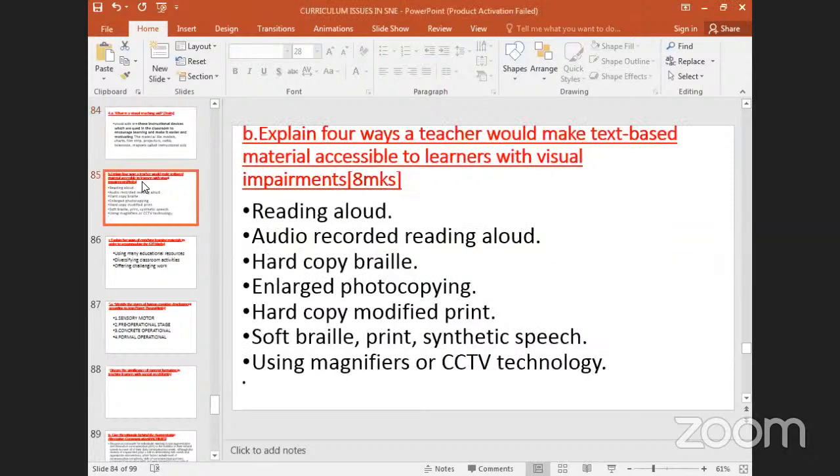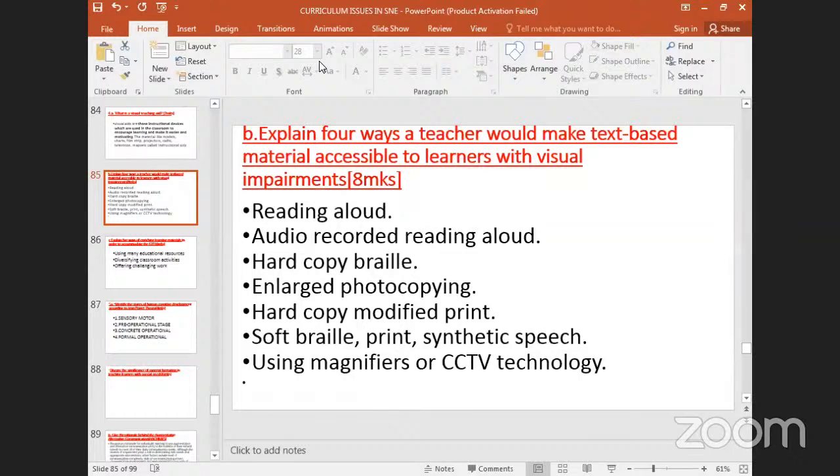We have also looked at ways that a teacher will make text-based materials accessible to learners with visual impairments. They can be accessible by being read aloud. So who is going to be reading them aloud?